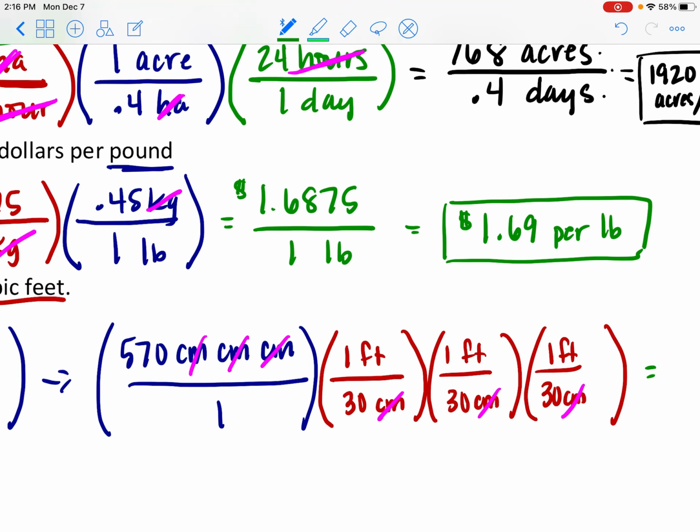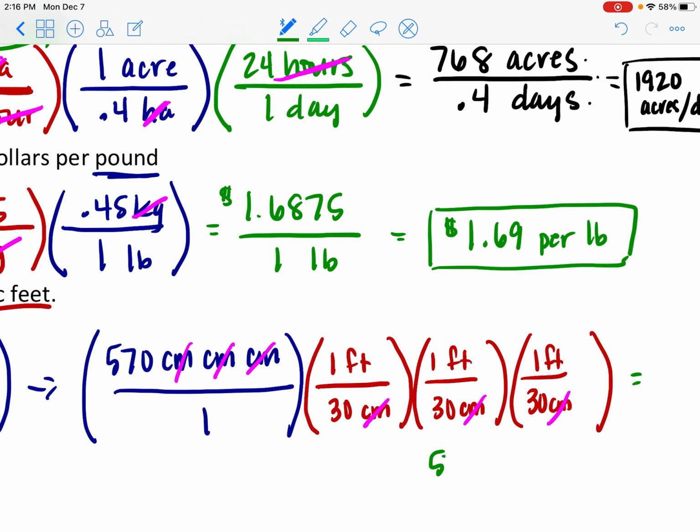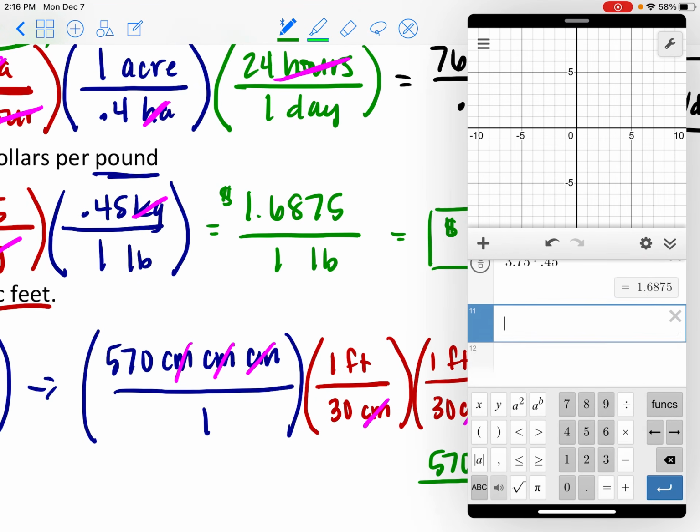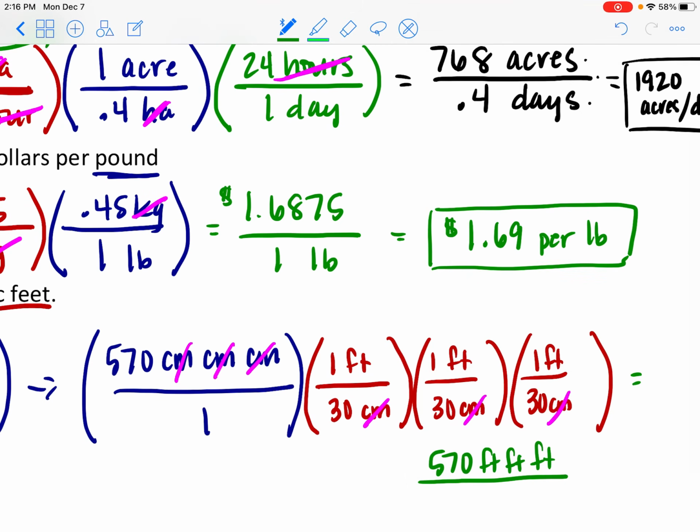That is feet cubed. So 570 times 1 times 1 times 1 is going to be 570 feet times feet times feet, okay? On the bottom, 1 times 30 times 30 times 30. So 30 to the third power is 27,000. It's 27,000. And no units left on the bottom.